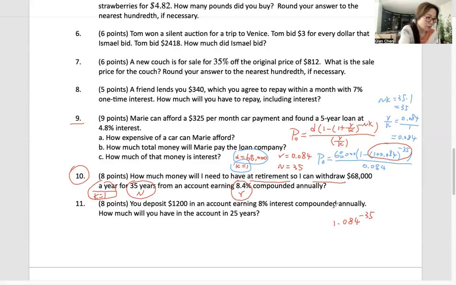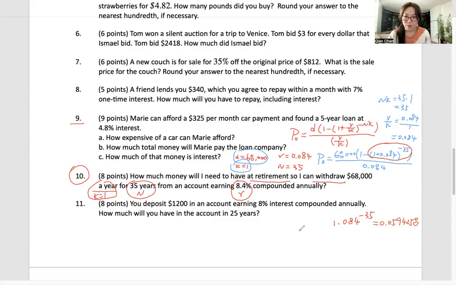1.084 raised by negative 35. Right? Raised by negative 35. So this number itself is 0.0594258. Then we have to subtract this from 1.